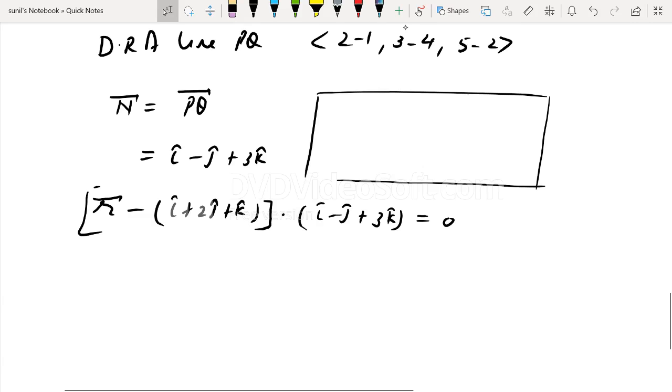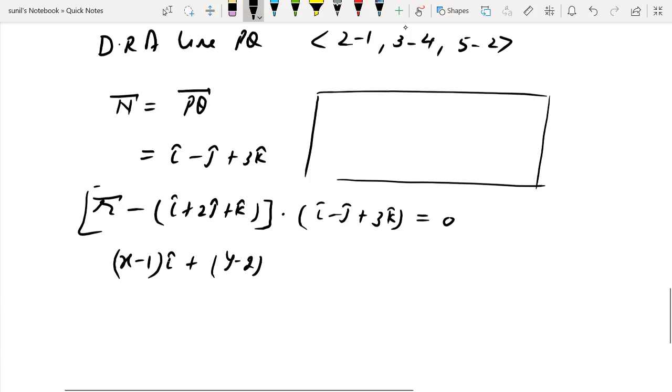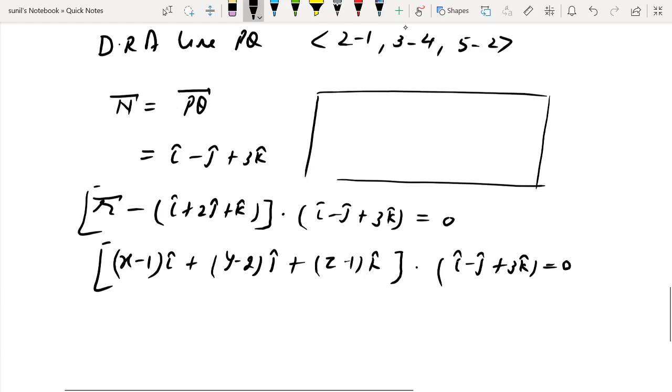Now if I write the Cartesian equation of this, it will be (x minus 1) of i cap plus (y minus 2) of j cap plus (z minus 1) of k cap, and its dot product with i minus j plus 3k cap. Now in this context what we have taken is PQ.